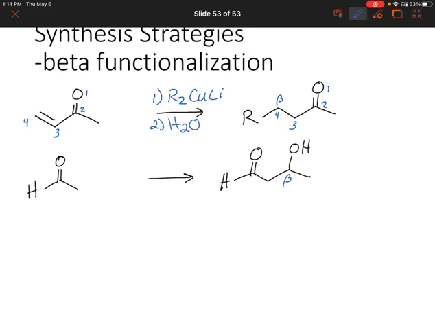So we would use base and water. Now we can actually take that a step further. If we add heat to this beta hydroxy aldehyde, what do we end up with? An alpha beta unsaturated aldehyde in this case. But it could be a ketone if we started with a ketone.